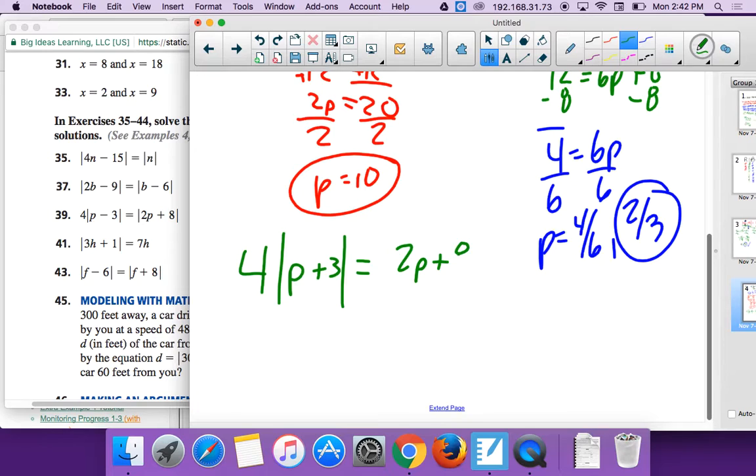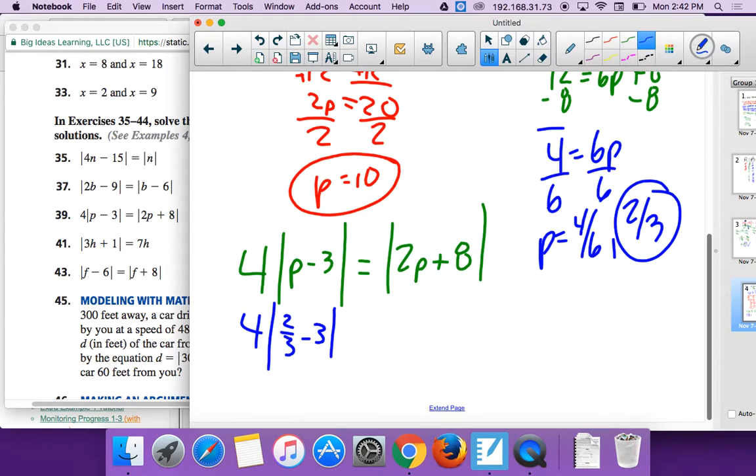Let's now plug in our 2/3 and see how it worked. So we have 4 times 2/3 minus 3, which is a negative 2 1/3, which is just 2 1/3 positive after absolute value. That's going to be multiplied by 4.